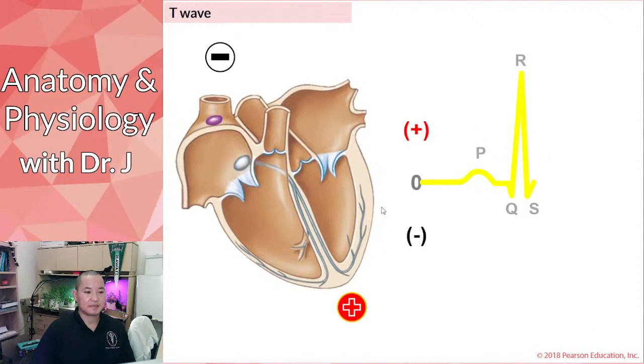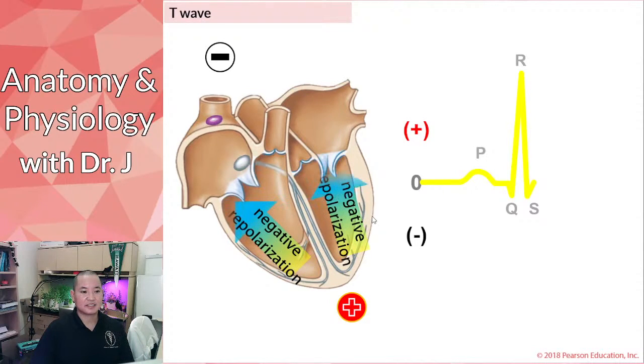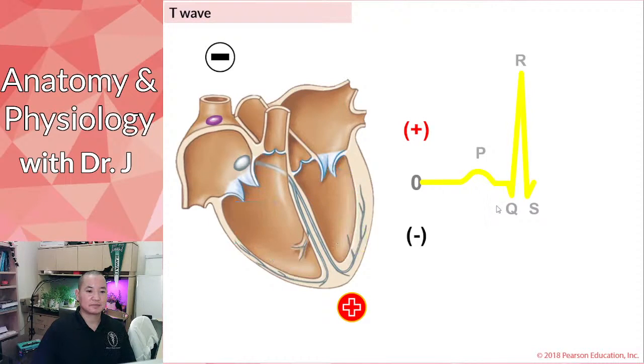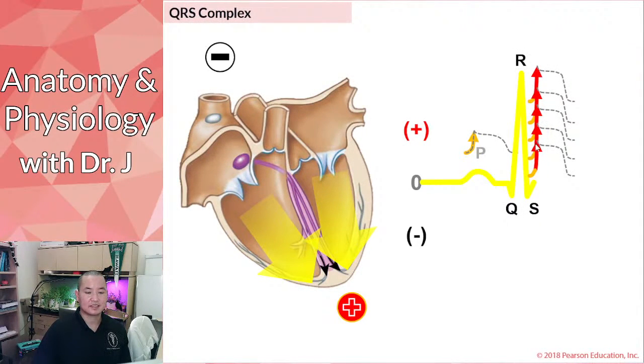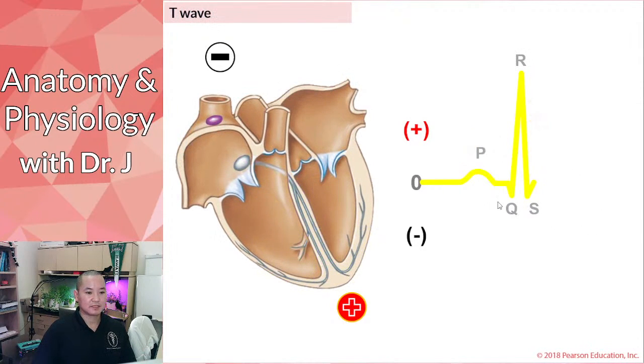And then, okay, we contracted, we depolarized, but now we have to repolarize and reset. Remember that with these action potentials, there's an upswing, that's the depolarization, but eventually you have to reset things and bring them back down to earth. That's repolarization. Notice that repolarization brings it back down to the negative membrane potential.